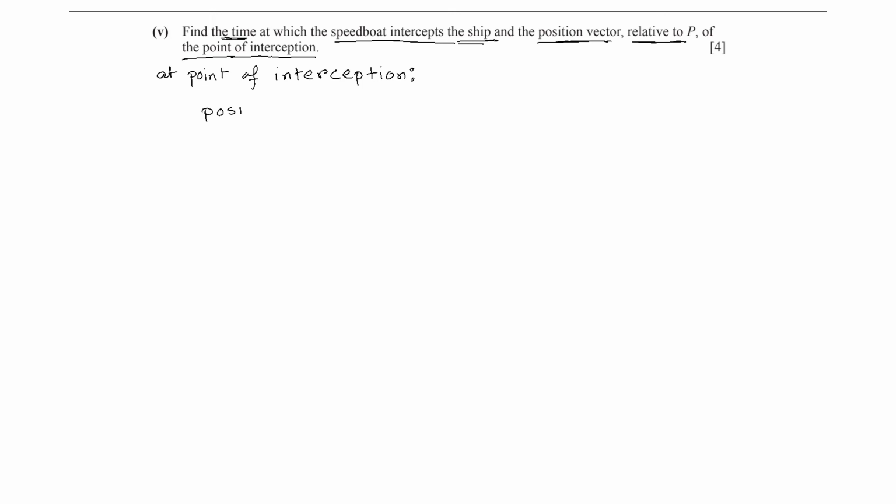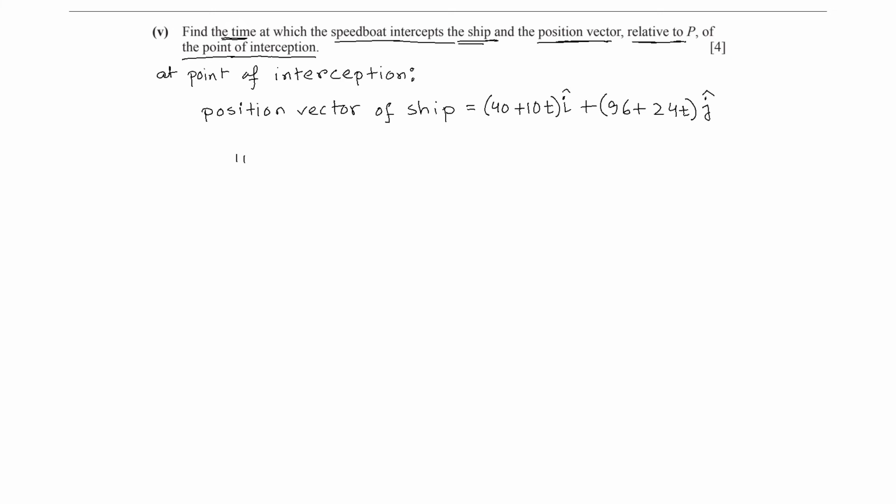Position vector of the ship is equal to (40 plus 10t)i plus (96 plus 24t)j.